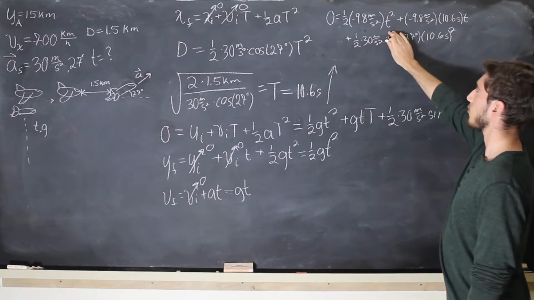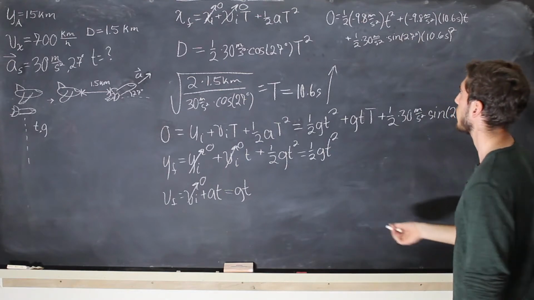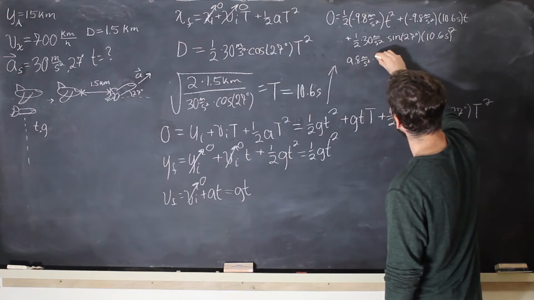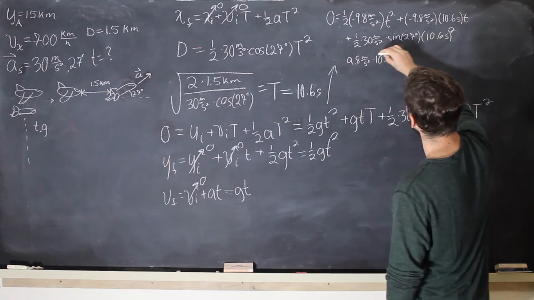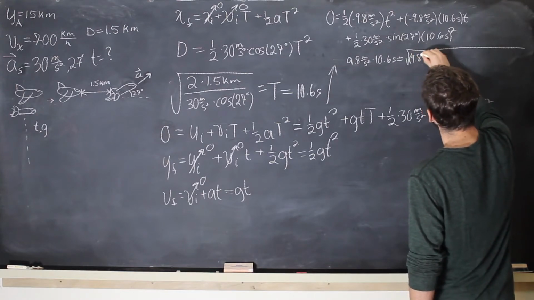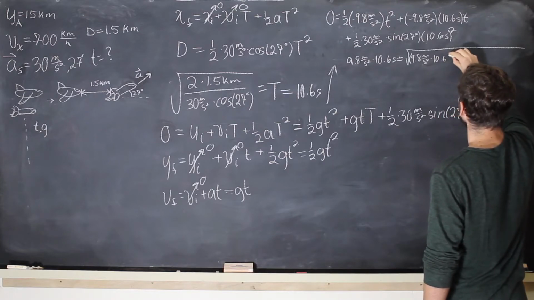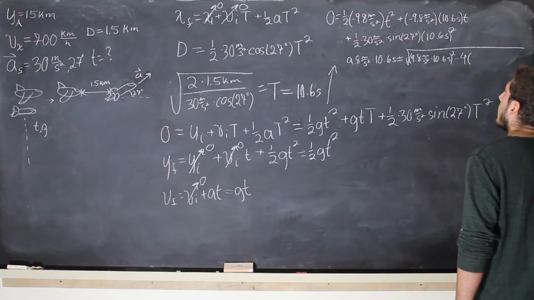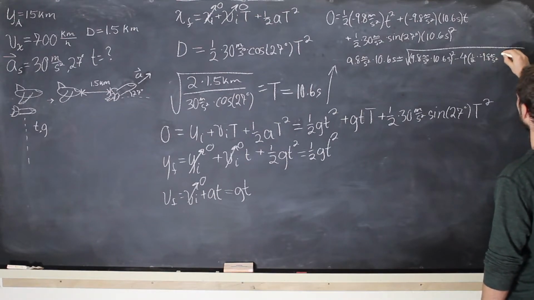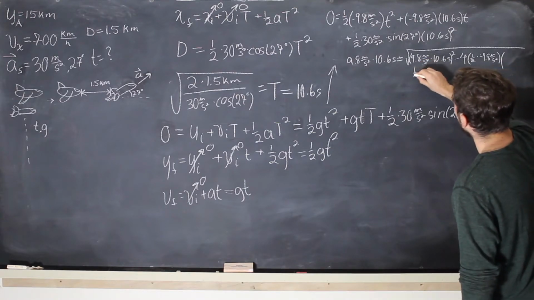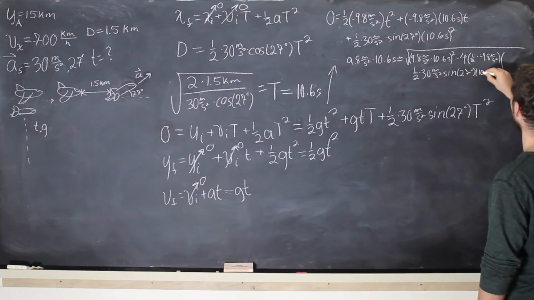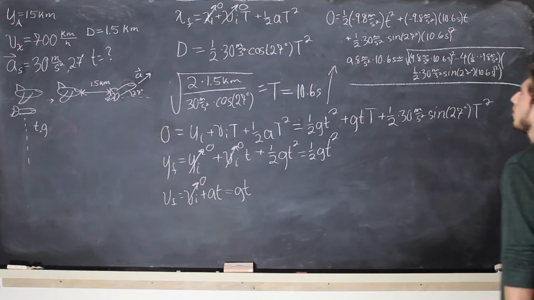Well, if you recognize, we have a t squared plus b times t plus c, so we can use the quadratic formula, and we'll be doing negative b, which is just going to be 9.8 meters per second squared times 10.6 seconds plus minus the square root of 9.8 meters per second squared times 10.6 seconds squared minus 4 times, oof, my arm's getting tired, times 1/2 times negative 9.8 meters per second squared times 1/2 times 30 meters per second squared sine of 27 degrees times 10.6 seconds squared, and all of that over 2 times a.